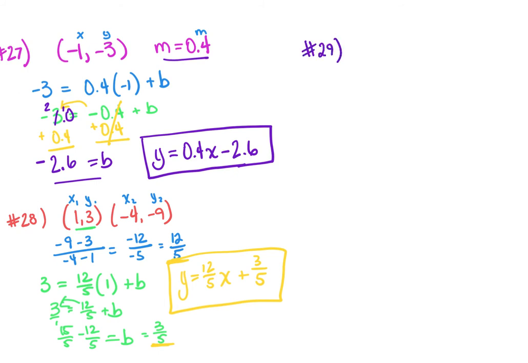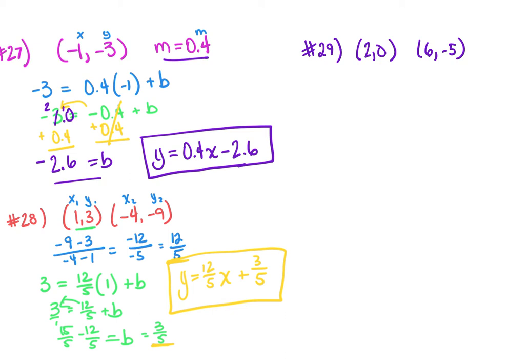once again, they gave us 2 points here. So we have the point 2, 0 and 6, -5. So I have 2, 0 and 6, -5. Once again, you want to subtract your y's, subtract your x's to get your slope first. So it doesn't matter what order.